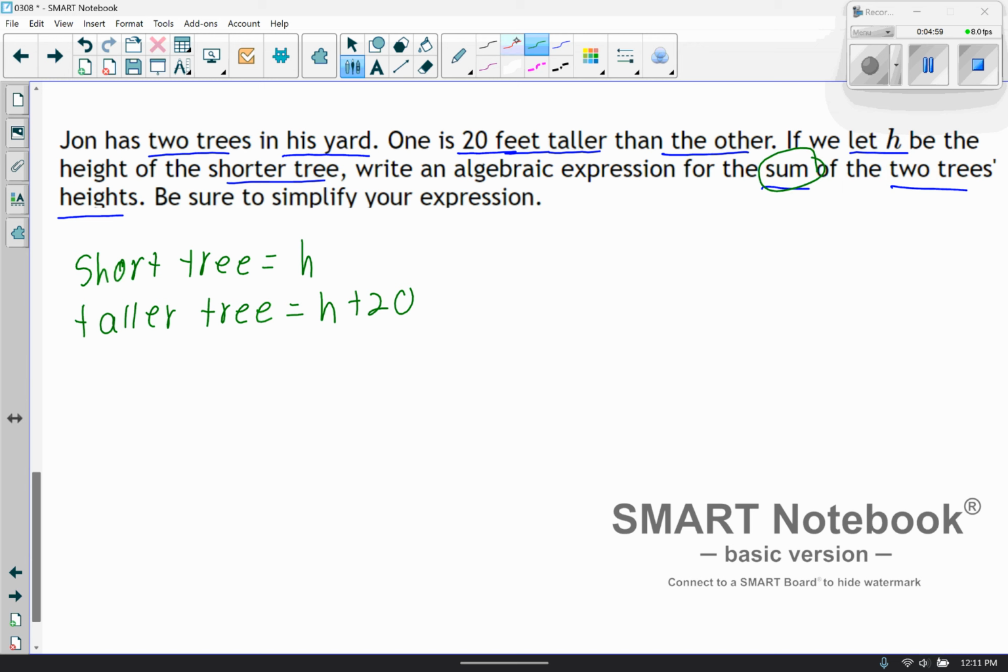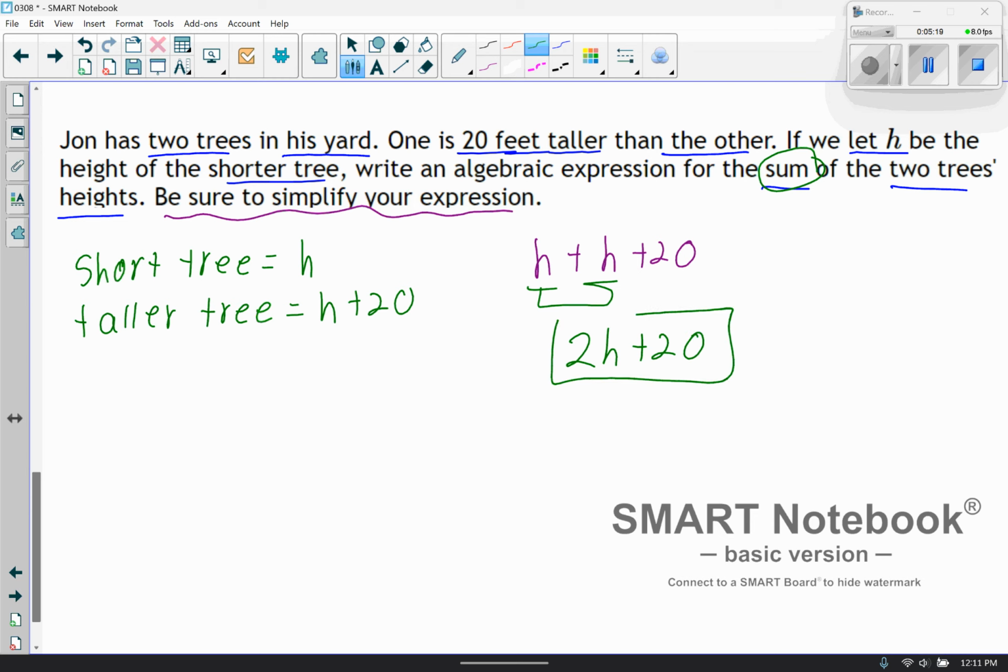So we're going to add the short tree and the tall tree together. So that's going to be H plus H plus 20. And then if you notice it says be sure to simplify your expression. Well, we do have like terms here with the H plus H. So we'll add that together and get 2H plus 20. And there we go.